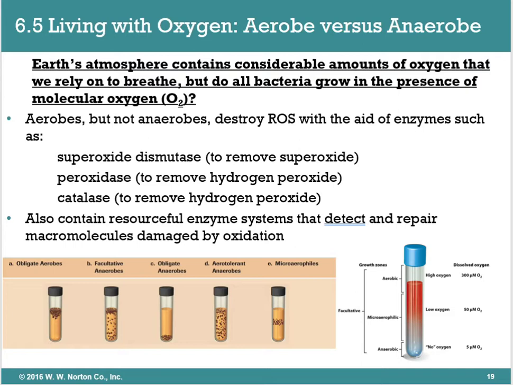If aerobic bacteria do not have oxygen, they are unable to utilize their enzymes, and they're unable to remove hydrogen peroxide and superoxides from their environment. So they're unable to survive, because they can't metabolize anything without oxygen present, and they need oxygen to metabolize.